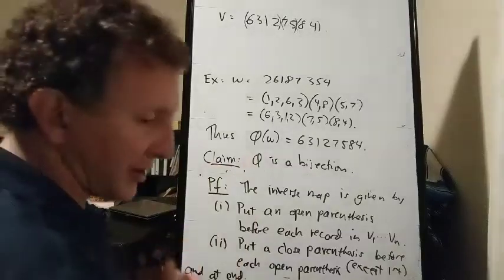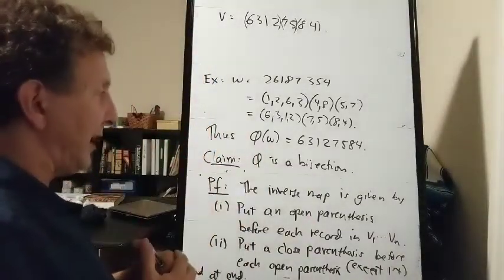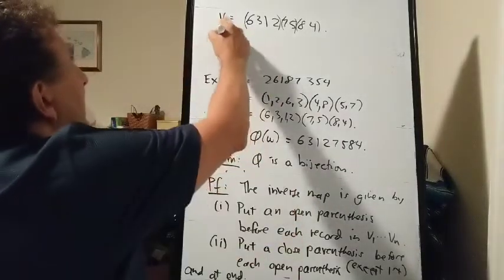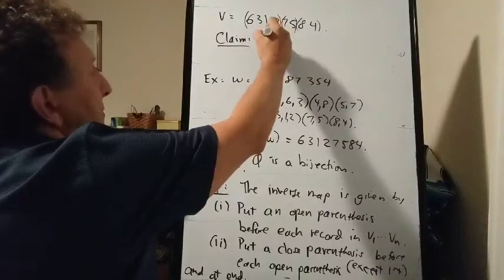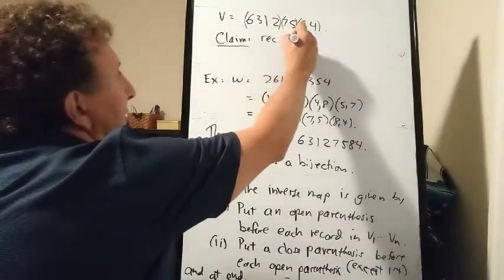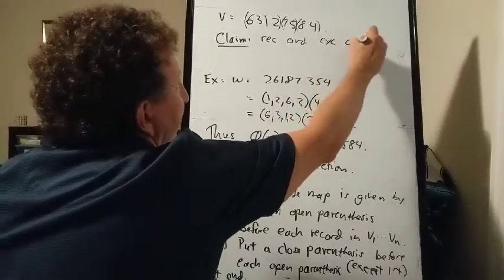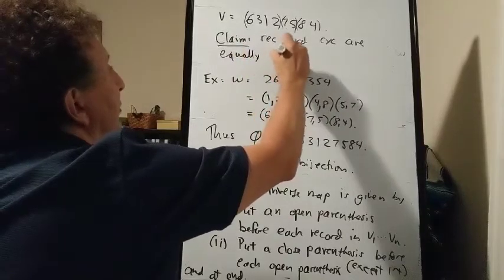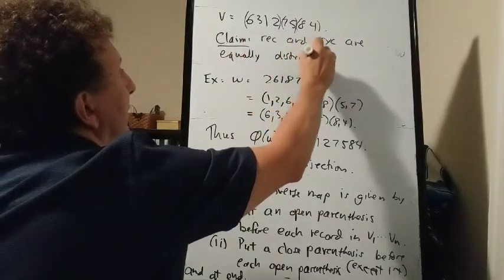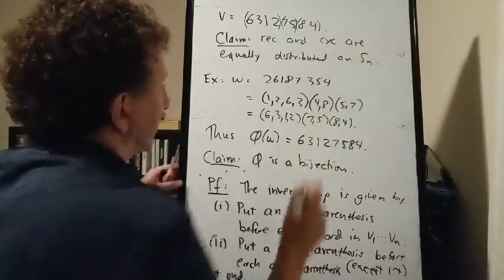So this map is a bijection, and one application of this map is that records and cycles are equally distributed on Sn.